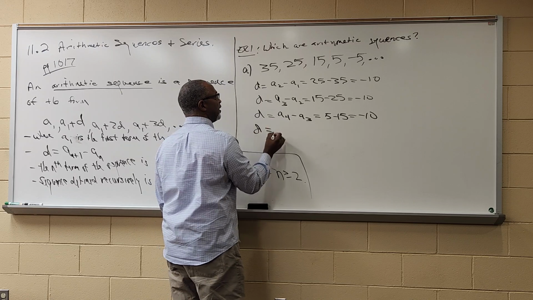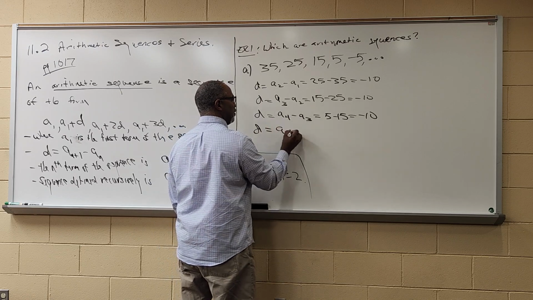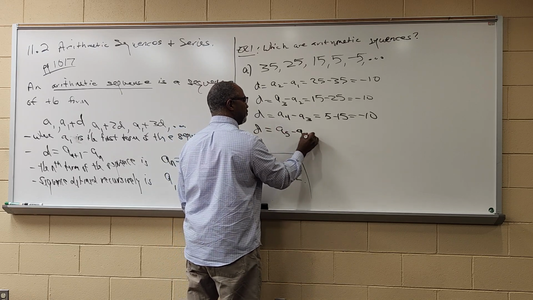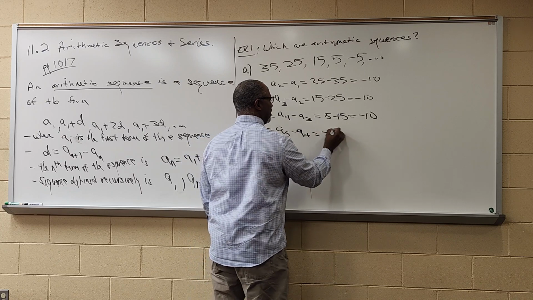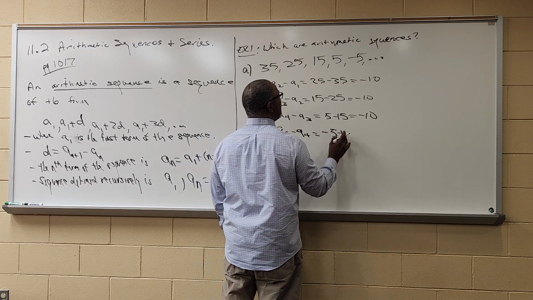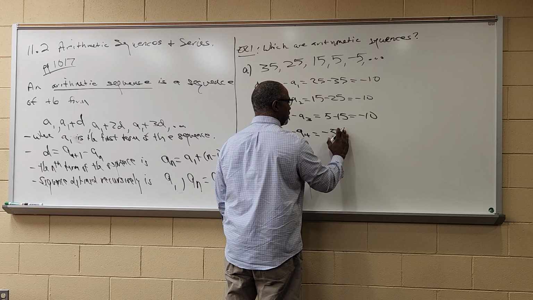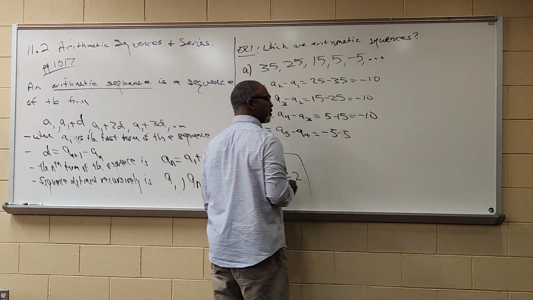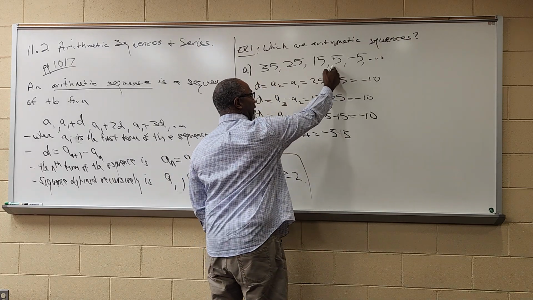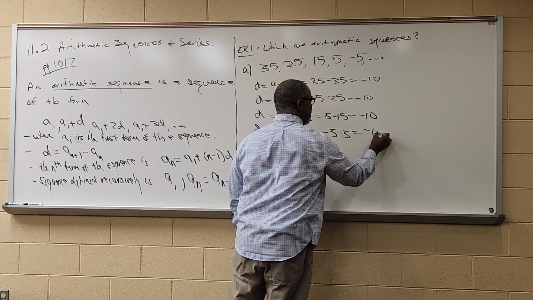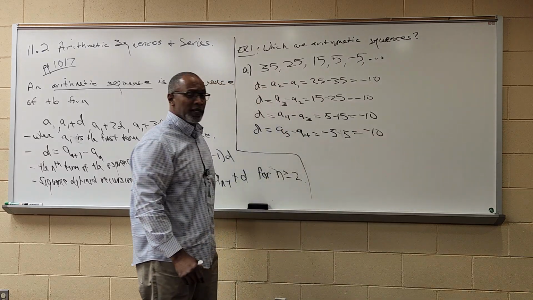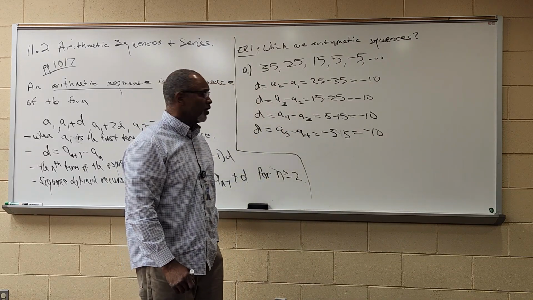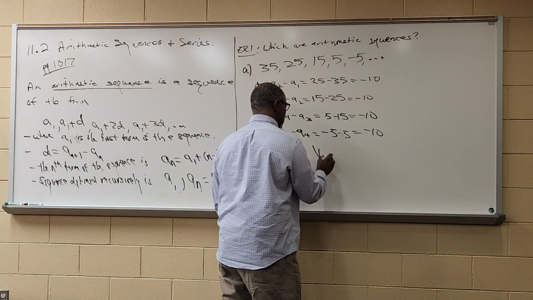Or finally, D is A5 minus A4, negative 5 minus 5, which is still negative 10. So since the difference between any two successive terms is fixed, yes, this is arithmetic.